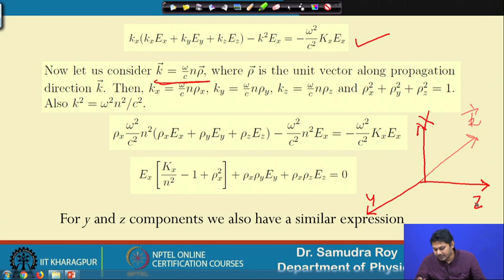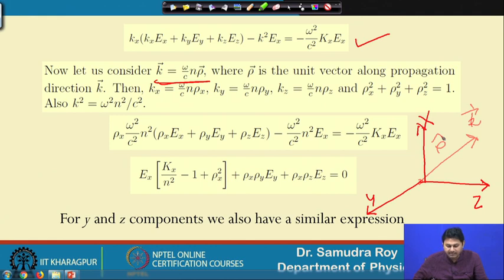So, x, y, z is our reference coordinate system, and I launch a vector k in this particular system, and rho is a unit vector along that particular direction.